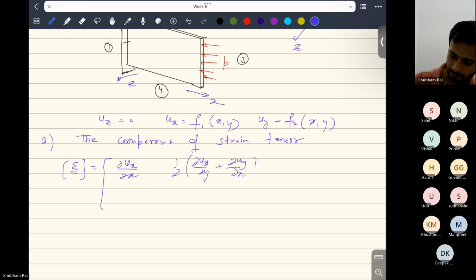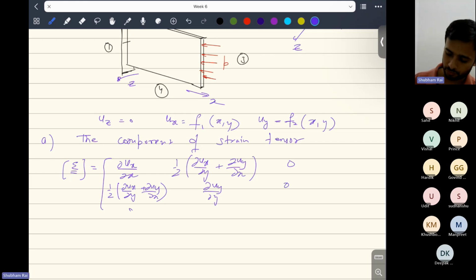And this third component will be zero because del ux by del z is zero, since ux is not a function of z, plus del uz by del y, which will be zero because uz is zero. Then this will be symmetric, so this will be same as half of del ux by del y plus del uy by del x. And here you have del uy by del y, right?